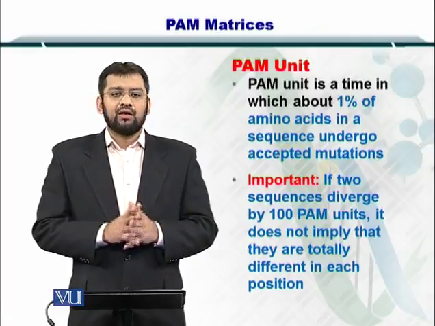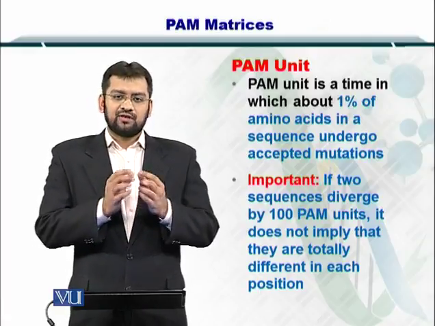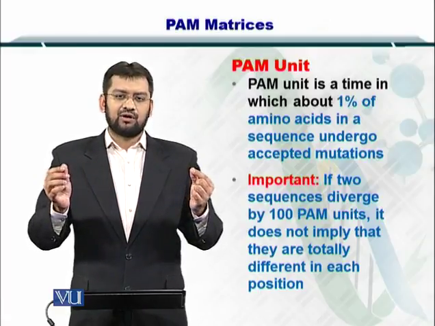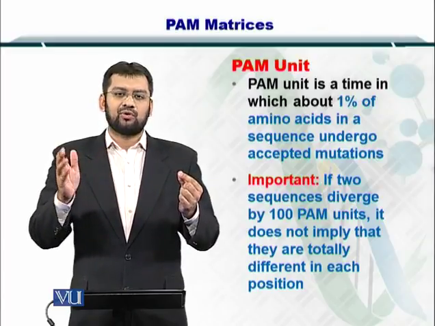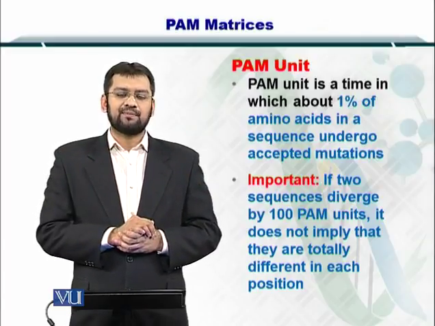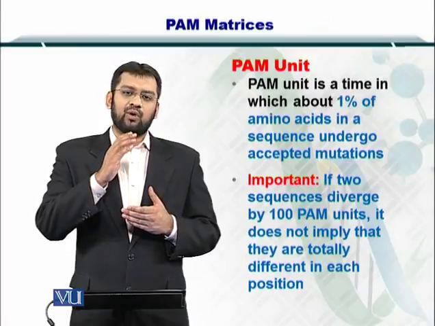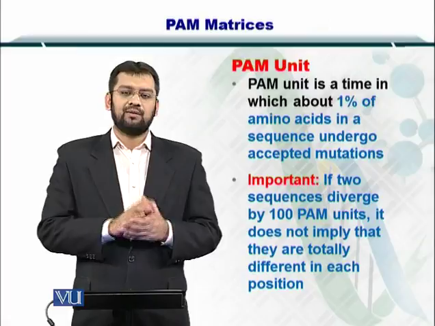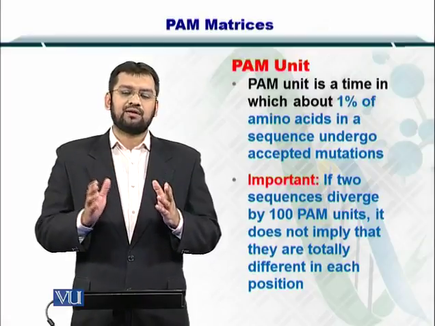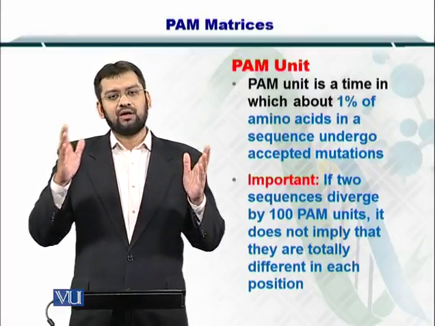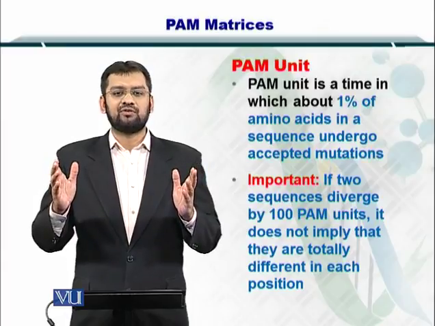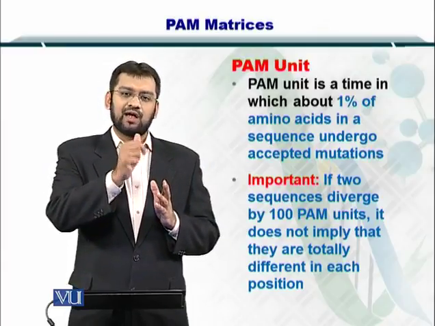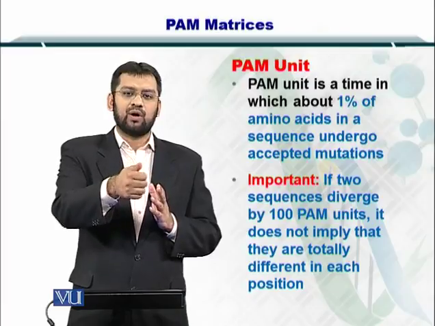You must understand that since the sequences are long and there are multiple amino acids in the sequences, when I say 1% of the sequence is changed, it does not necessarily mean that 100 PAM will have 100% variation in the sequence, because the same site can be changed more than one time.